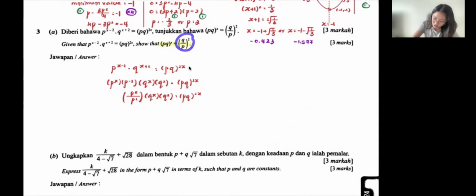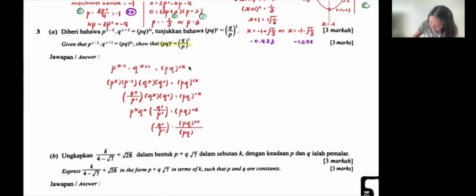So p power x and q power x, I write it together. Then I move q squared and p squared together. And then you move (pq) power x to the other side. You can actually factorize the power x out. So later I'll show you. P at the bottom. Then here we have (pq) power 2x over (pq) power x.